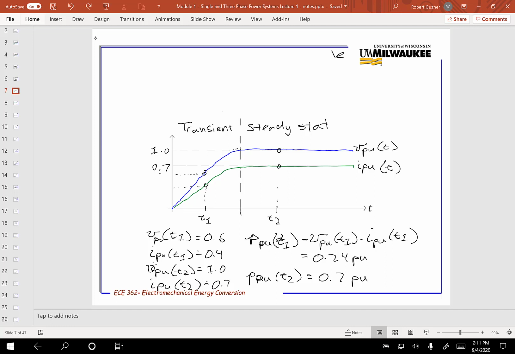And so really when you're doing calculations of, let's say, a magnetic system like you will in chapter 1, you're going to be doing a calculation at a given value of, let's say, current in a coil.